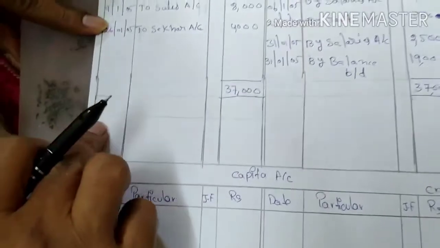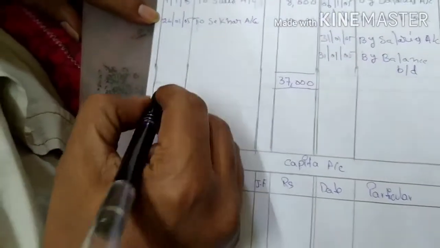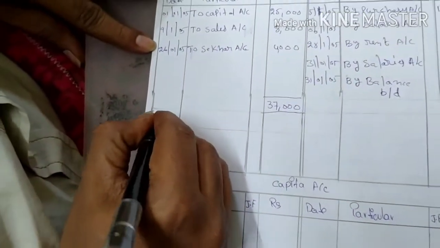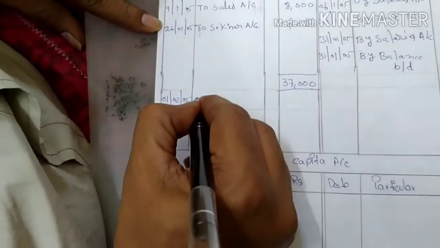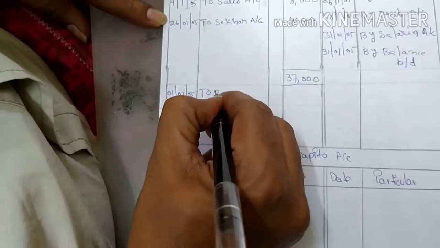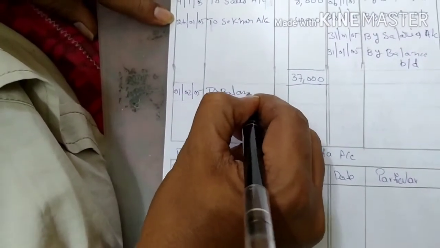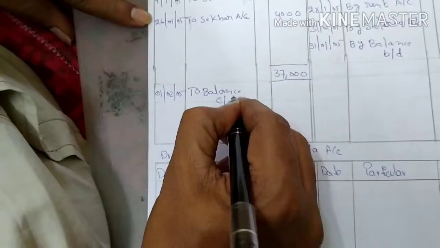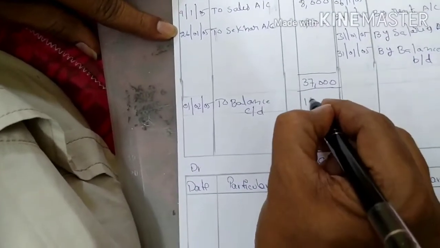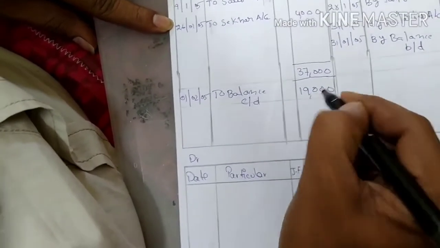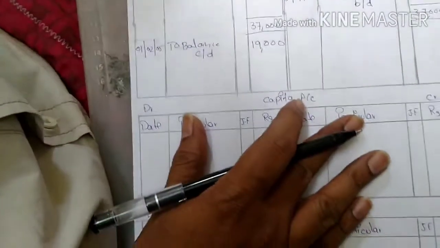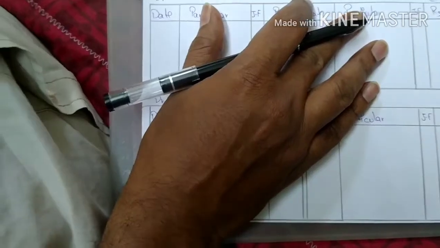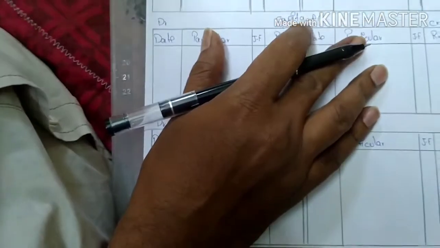Next, the next month's first date, 1st February 2005, to balance carry down, that is this 19,000 that needs to be written. This is about the cash account.